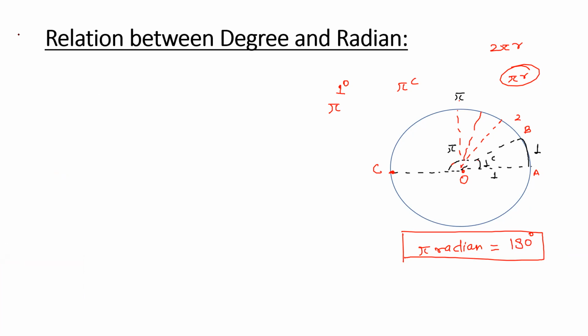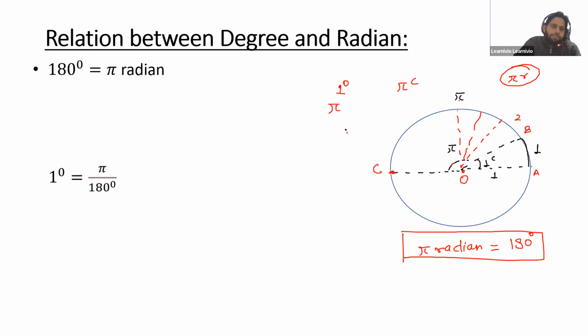Okay, so we have this relation. We can write it like this, that 180 degrees is equal to pi radian. I hope no one has a doubt in this.